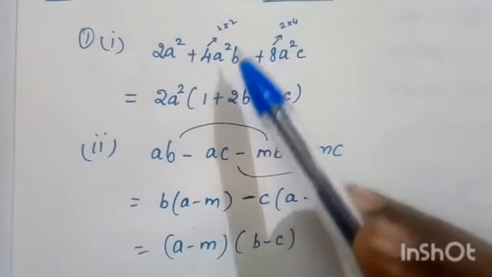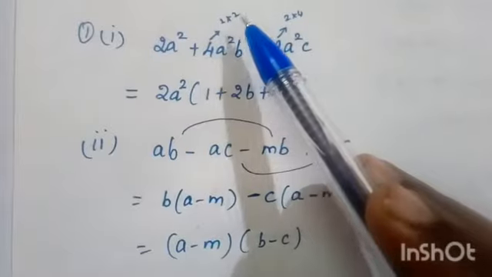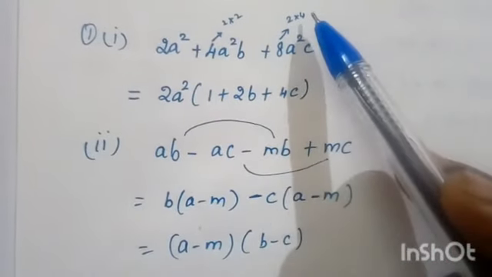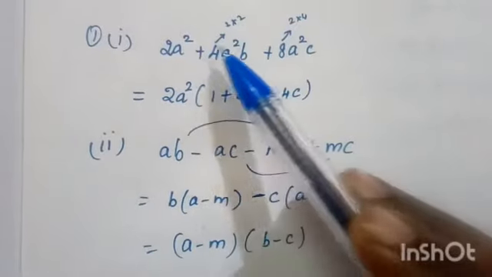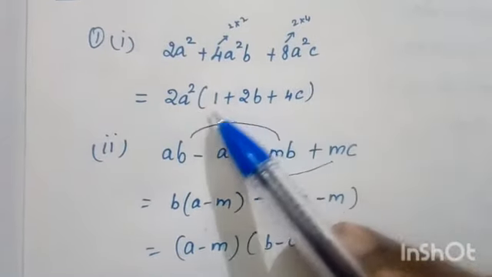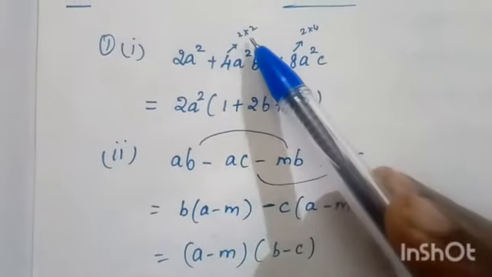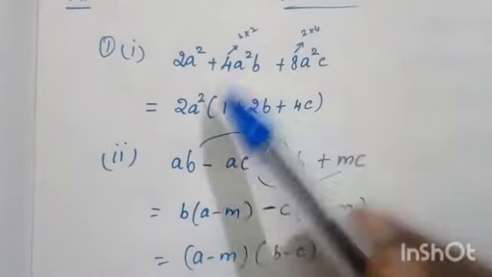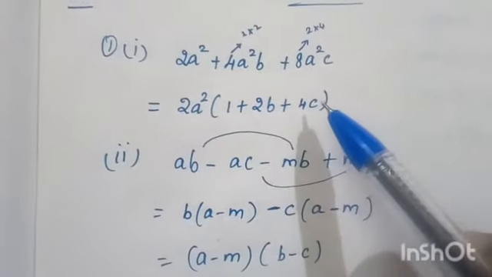This 4 is written as 2 into 2, and 8 is written as 2 into 4. Now 2a square is common, a square is common for these three terms. So 2a square into 1 plus 2b plus 4c. It is the factorized form.